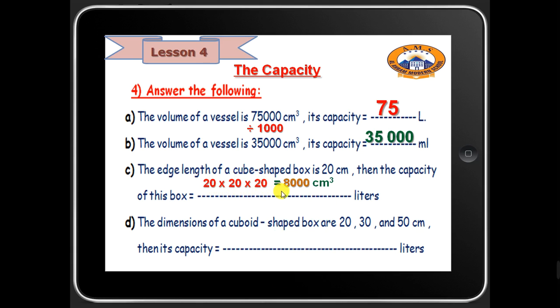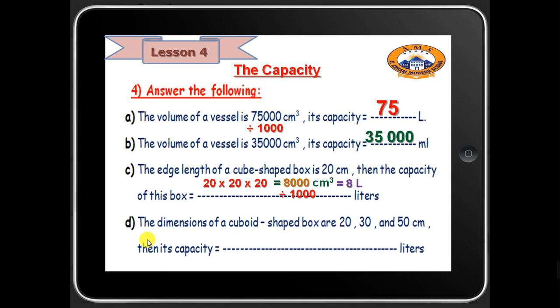So that will give you 8,000 cubic centimeter. And now it's time for you to make the convert from the cubic centimeter to the liter. That means that I'm going to divide this number by, very good, divided by 1000. So cross 3 zeros up with 3 zeros down. That will give you 8 liter. So the final answer here is going to be 8 liter.